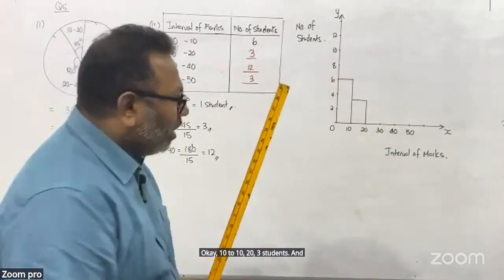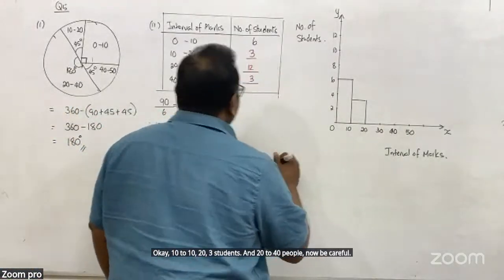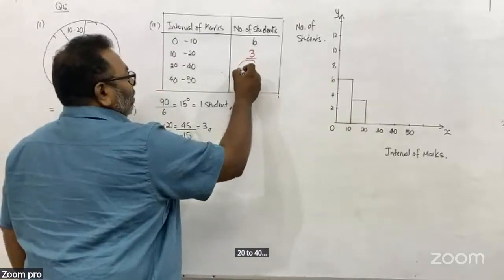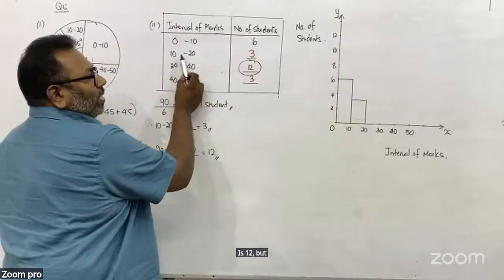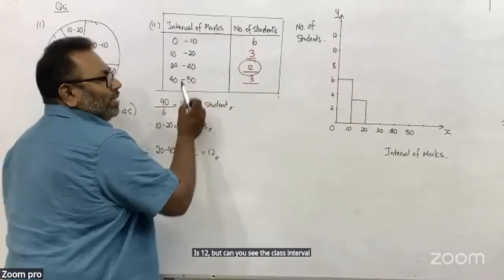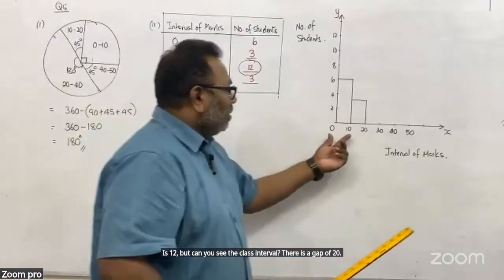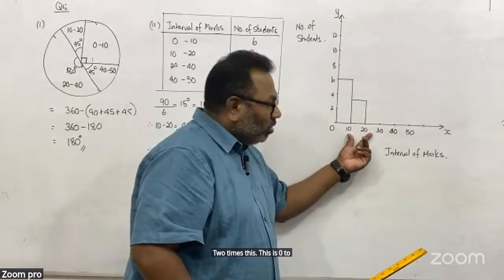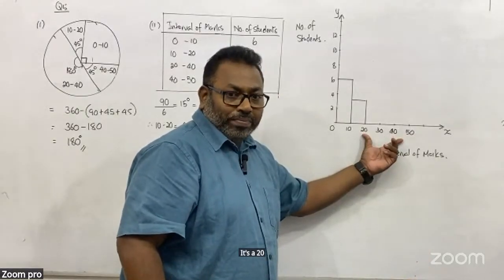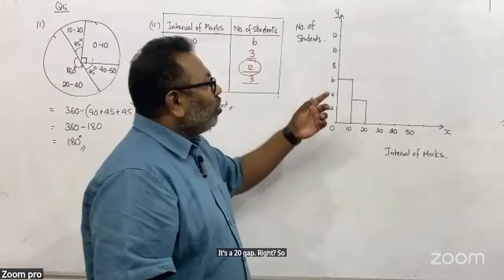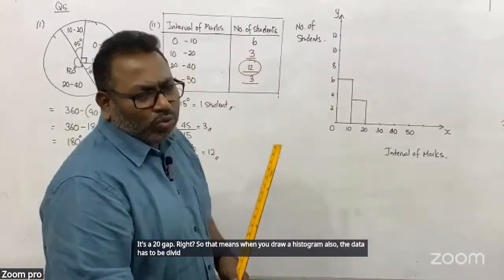20 to 40 people. Now be careful. 20 to 40 is 12 people. But can you see the class interval? There is a gap of 20, which is 2 times the 0 to 10 interval. So when you draw a histogram, the data has to be divided by 2.